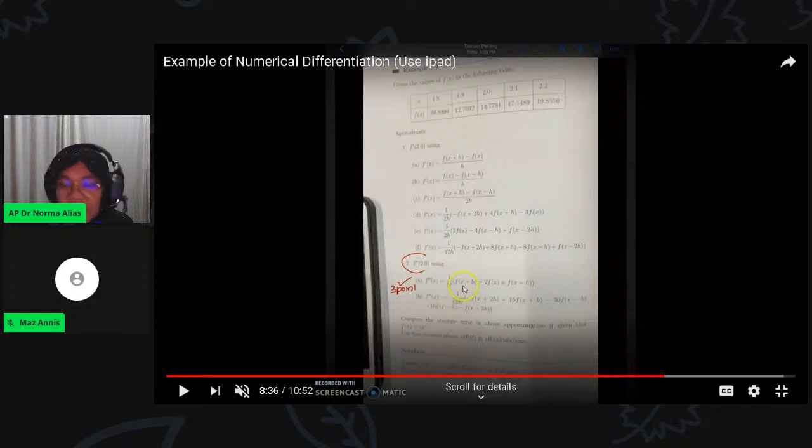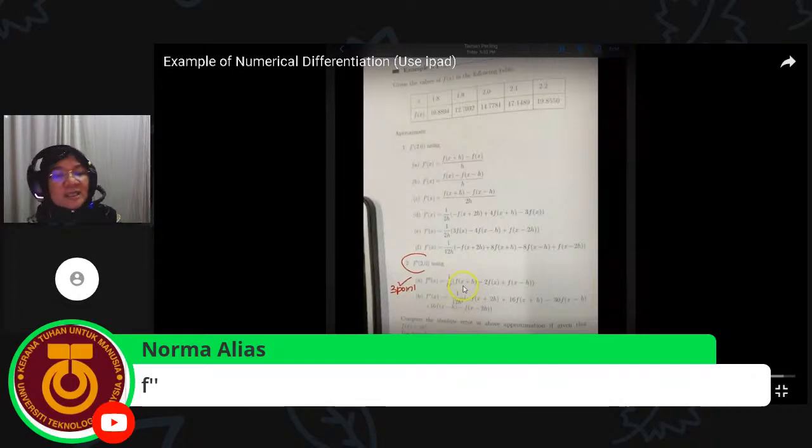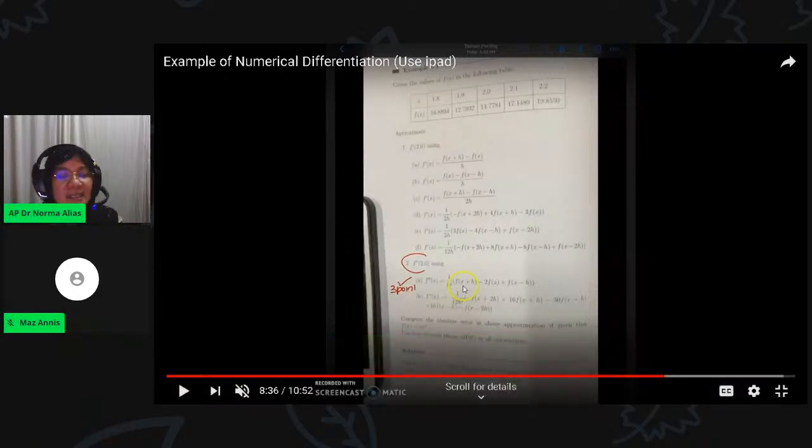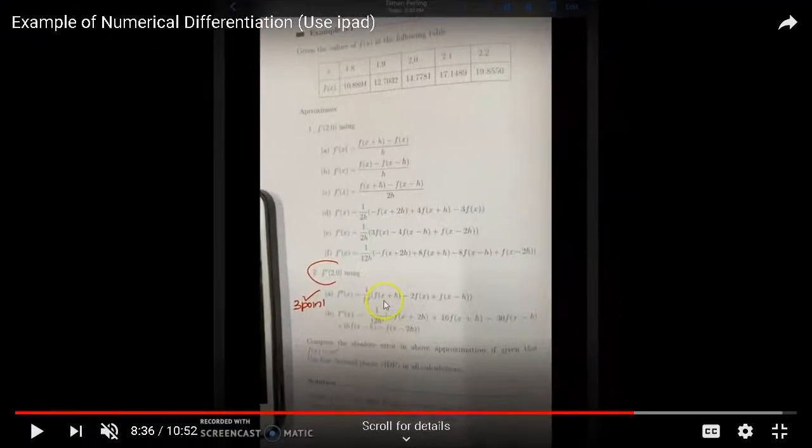Because the second order derivative will help us tell whether the point is a maximum or minimum. All right, so that's why we need to learn the second order derivative.